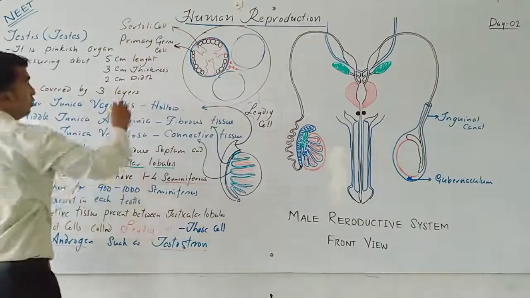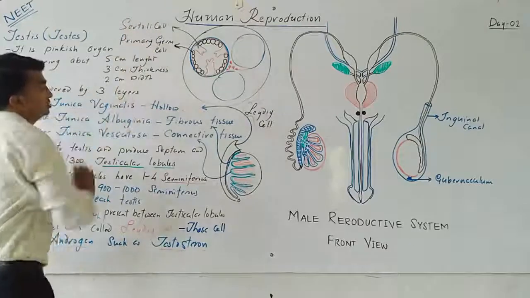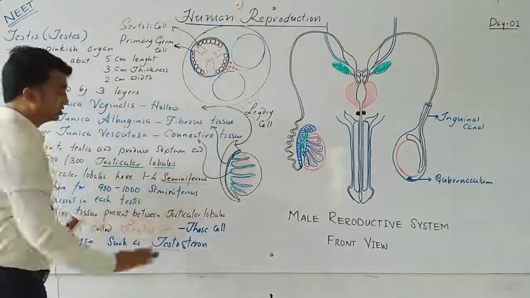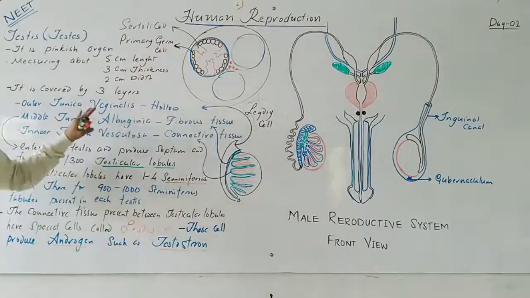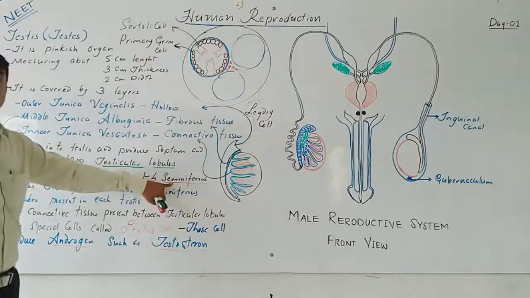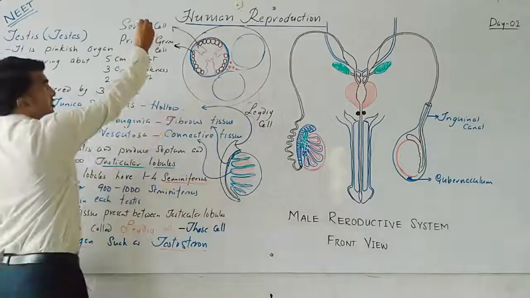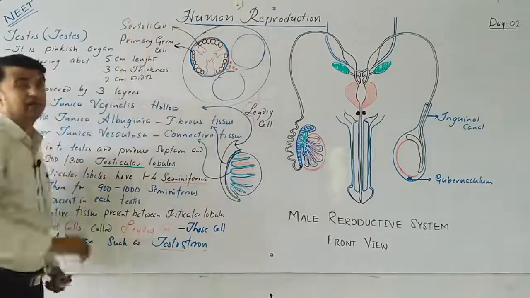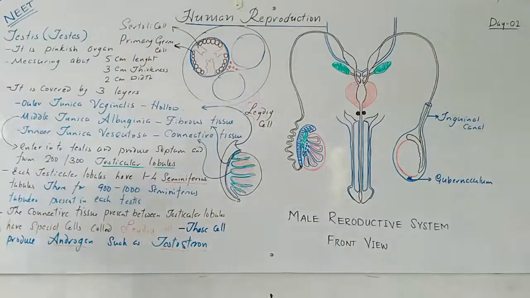Now we are going to study this Sertoli cell and the primary germ cell. Is this clear? So this is about only the testis, testicular lobule and seminiferous tubule. Now we are going to study the Sertoli cell and the primary germ cells in detail.